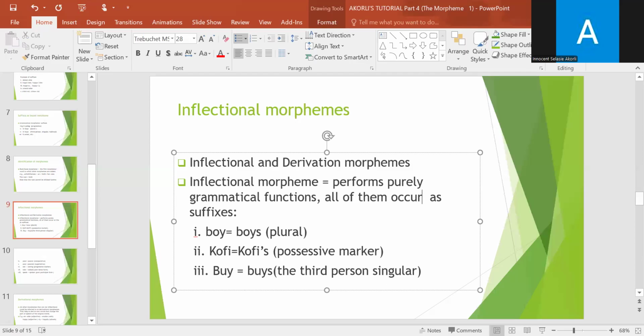So boy is a noun, boys is still a noun. So the S there is plural. Kofi is a noun. Kofi's is a possessive marker. Still, Kofi's is a noun. Buy is a verb. Buys, a third person singular. The buys is also a verb, just as buy is a verb.